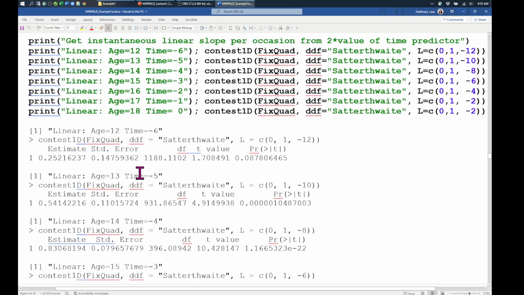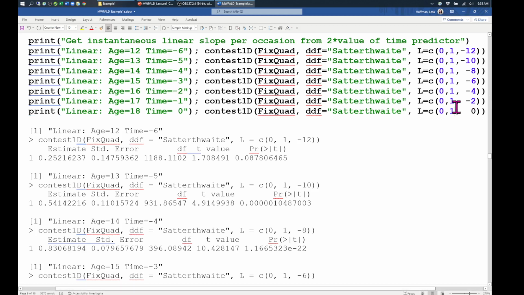Now here's a different version of a prediction, the slope at each occasion. The slope that's given directly by the model for the linear slope is at 18. But I can get it for any level. And now I'm looking at this and seeing a typo. I will fix that one too.